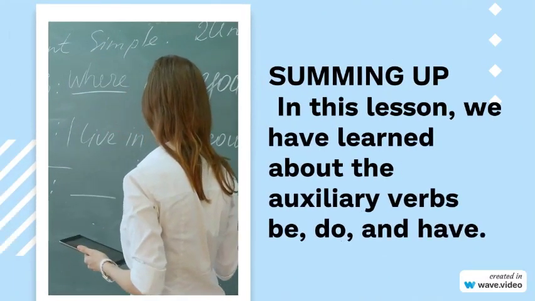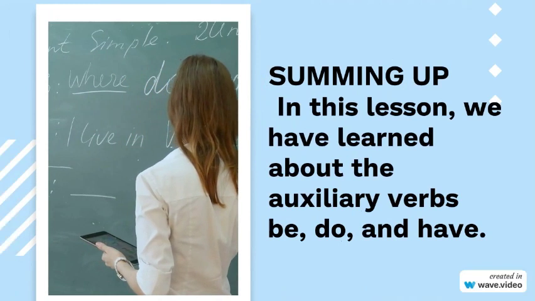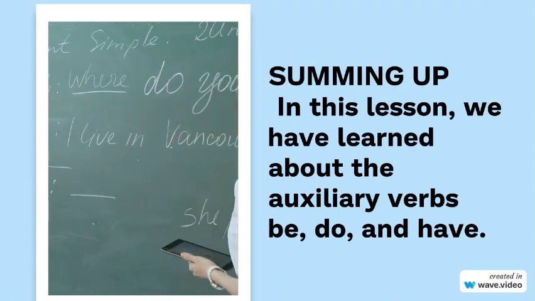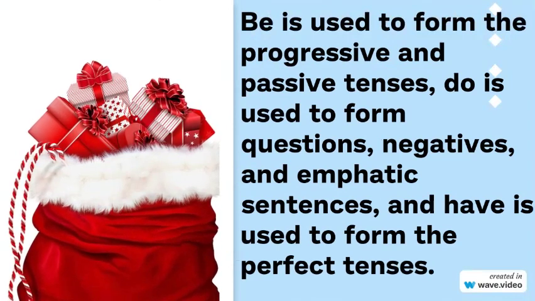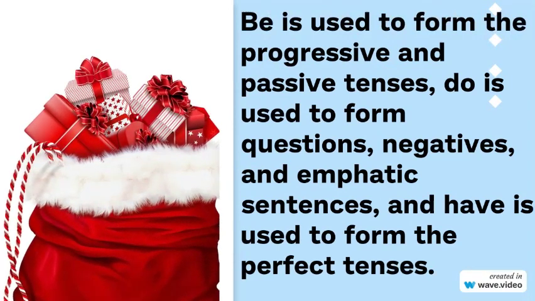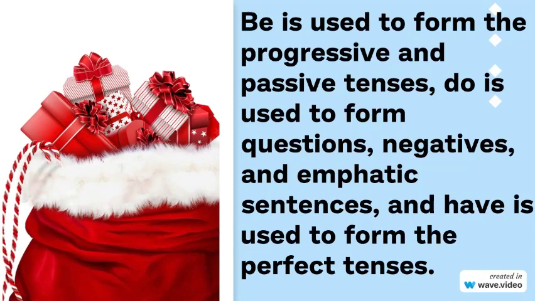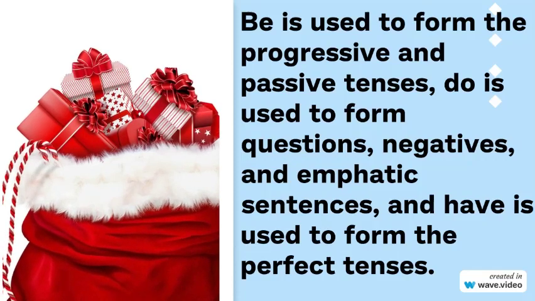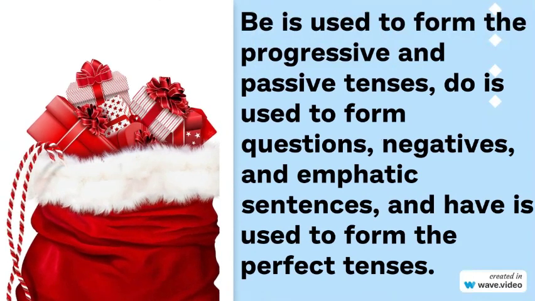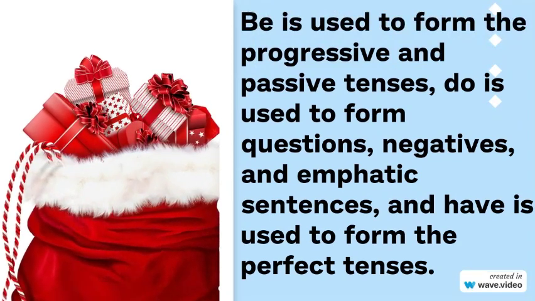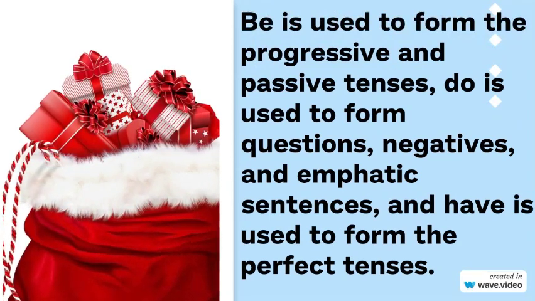In this lesson, we have learned about the auxiliary verbs be, do, and have. And we have seen that be is used to form the progressive and passive tenses. Do is used to form questions, negatives, and emphatic sentences. And have is used to form the perfect tenses.